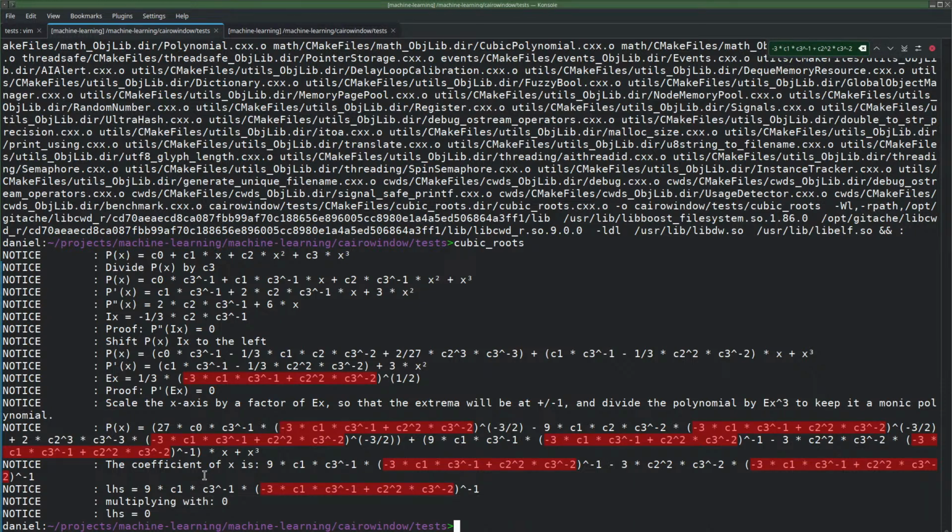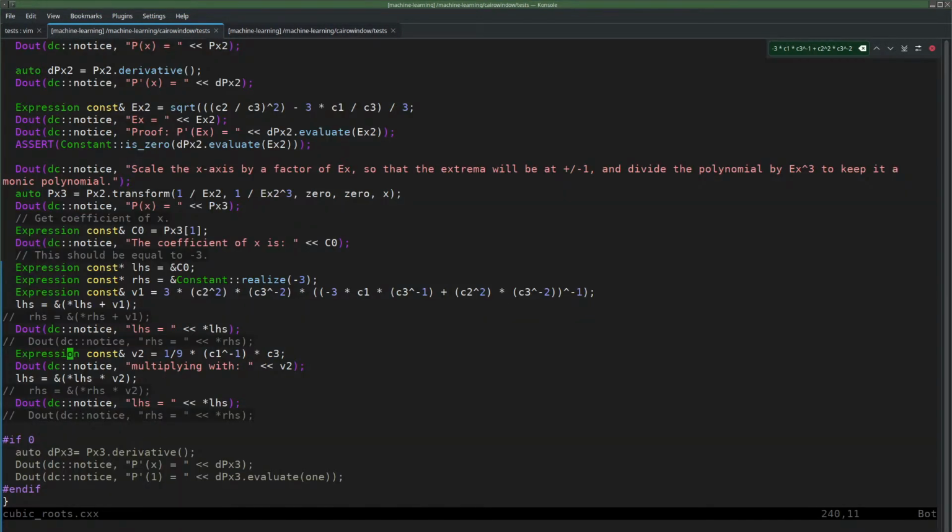Nobody understands this. I think it didn't get a 1 divided by 9. It's a recurring thing. Have to do constant realize 1, 9.